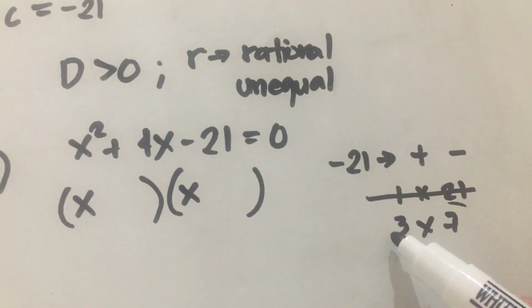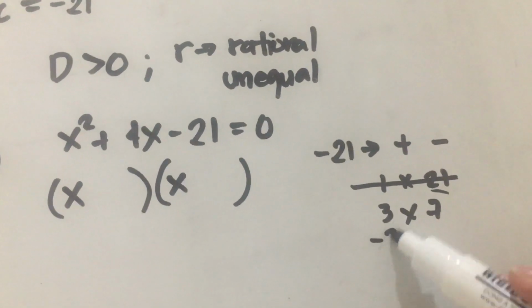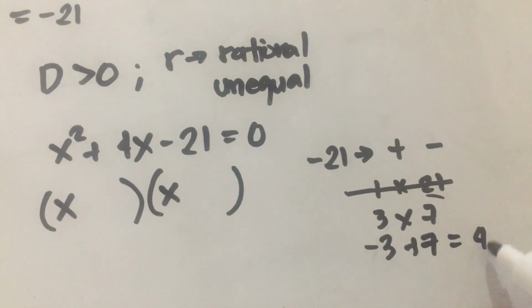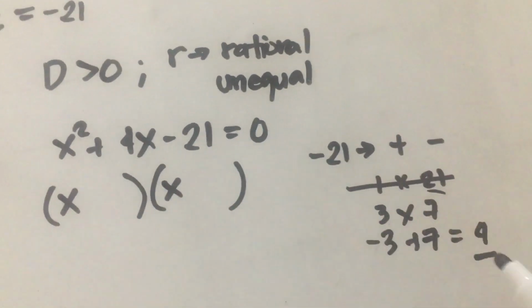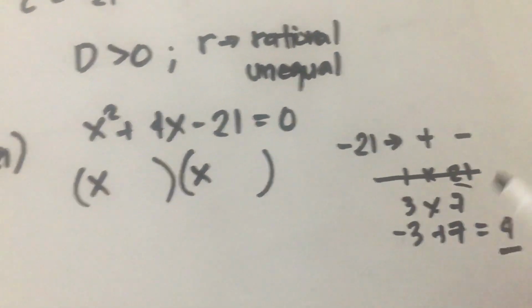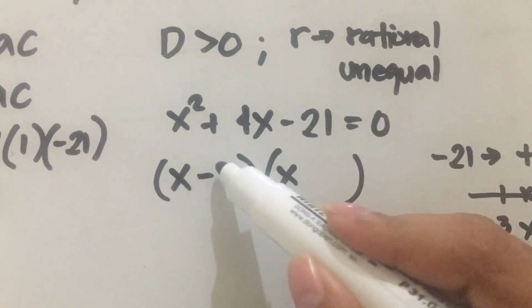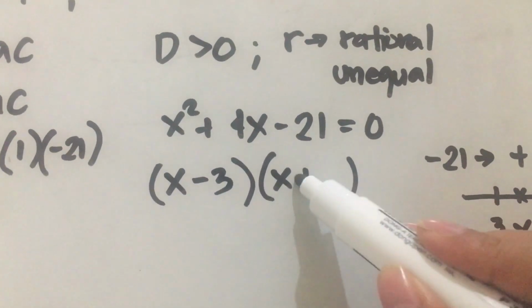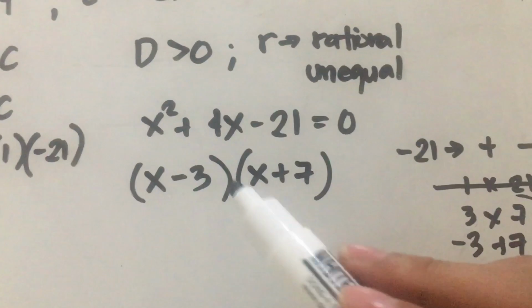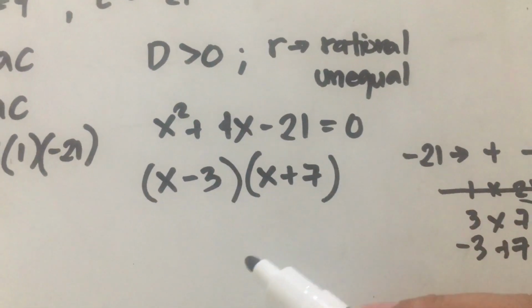So, what if mag-negative 3 ko? So, negative 3, positive 7. So, the answer is positive 4. So, therefore, ang factors niya kay negative 3 ug positive 7. Okay, so these are the factors of x squared plus 4x minus 21.